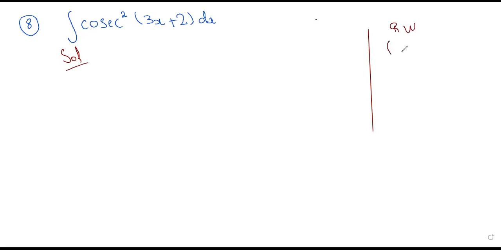You should know that the integral of cosec square x dx is not 1 by sine square x. It is minus cot x.